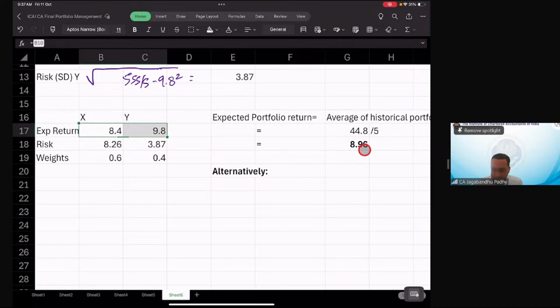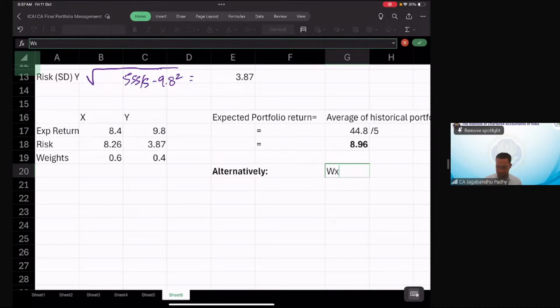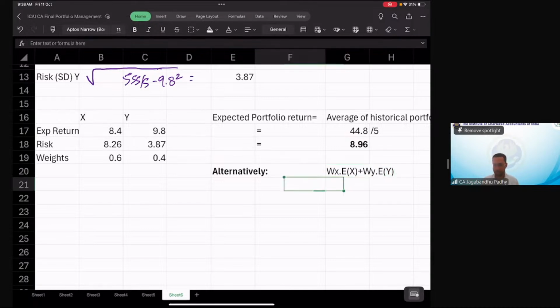Just verify, guys. Just check. You can simply calculate this as weight of X multiplied by expected return of X plus weight of Y multiplied by expected return of Y.